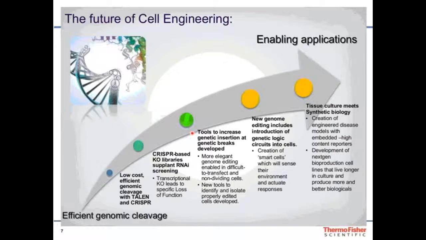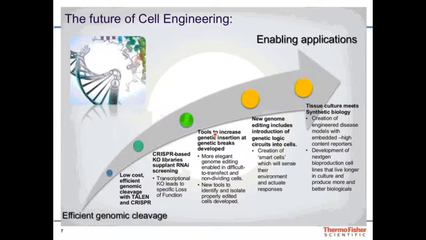The whole idea is to make the workflow as efficient as possible to allow the researcher to get from their original hypothesis and idea to the actual cell line that they can do their experiment with. The more efficient you make every step of the process, the fewer cell clones one needs to screen at the end to get to the desired cell. So we and others are doing a lot of work in this area too.